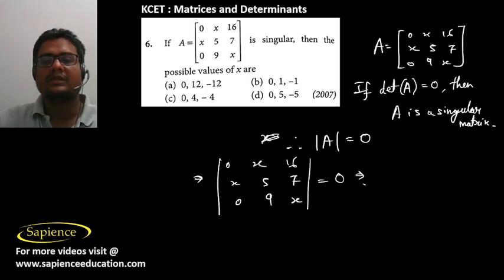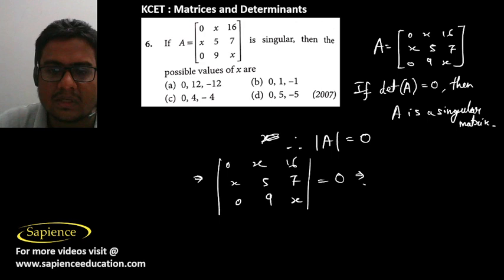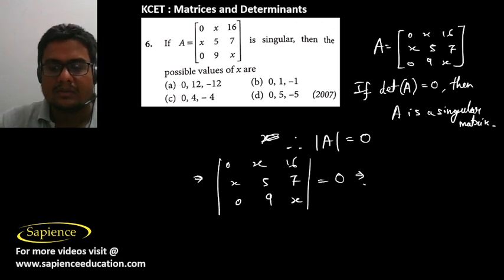So now since we can see that in the first column we have the maximum number of zeros, we can expand this determinant along this first column only. So x is the element in the first column and second row.